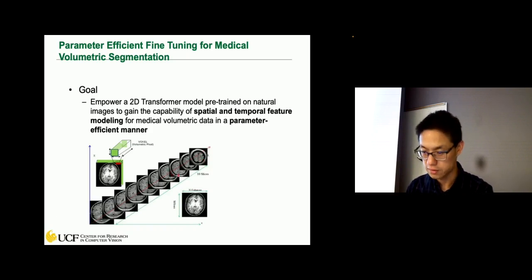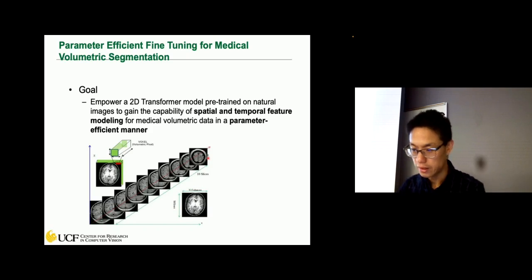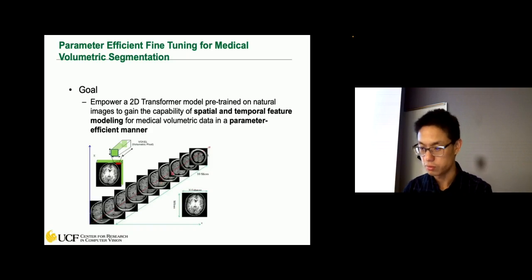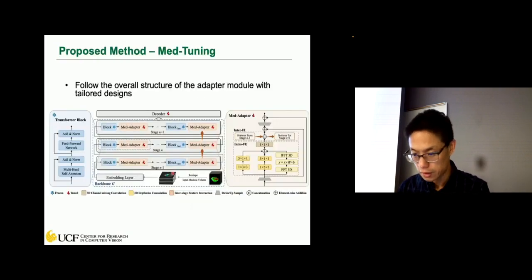So we want to have this spatial temporal or depth-wise modeling capability, okay? And also, we want to do this in a parameter-efficient manner. We don't want to fine-tune the entire model. We want to do it in a parameter-efficient way, okay?